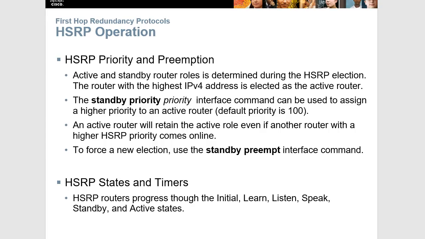It just listens for hello messages. In the speak state, the router sends periodic hello messages and actively participates in the election of the active and/or standby router. In standby, your router is a candidate to become the active router, also sending hello messages.